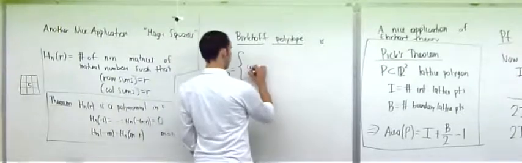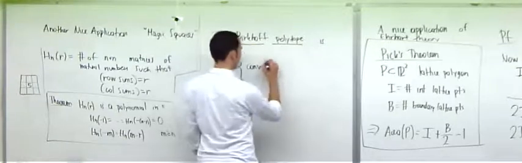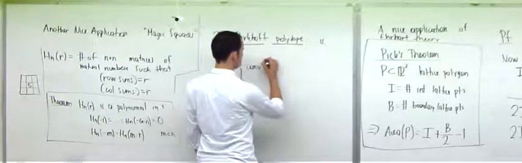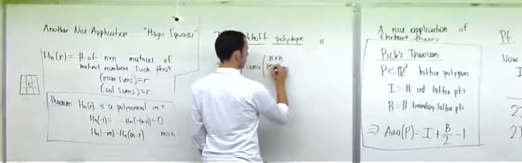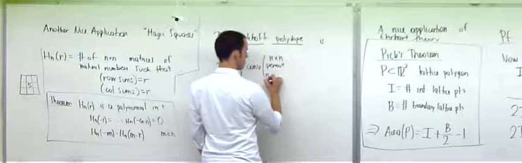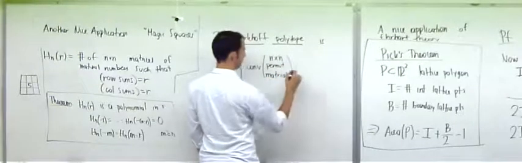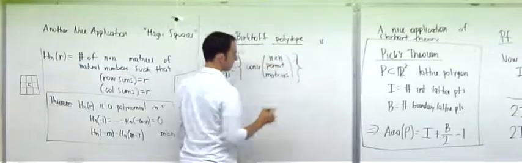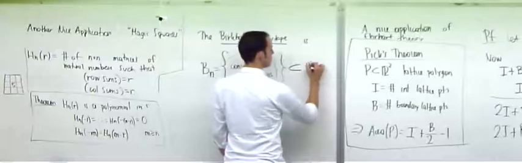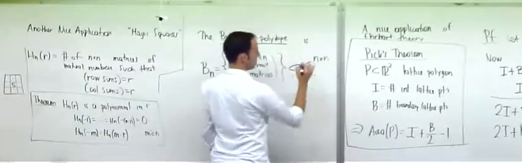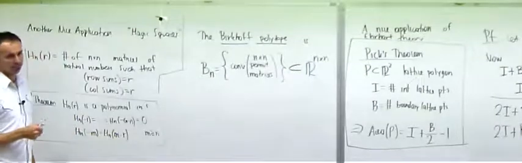It's the convex hull of all m by n permutation matrices. And this is in R to the n squared.